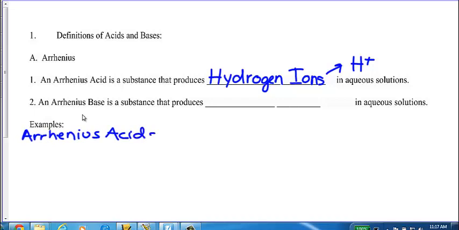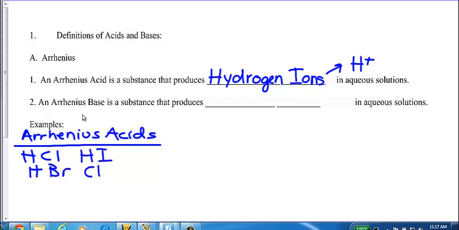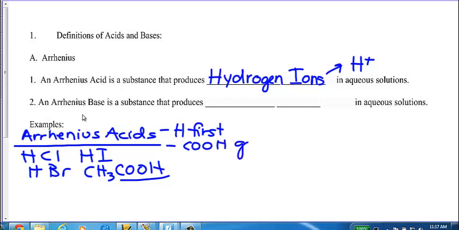And again, probably very much review for you. Or we can have the Q group. So to recognize an Arrhenius acid, you either look for H first, or you look for the Q group. Okay?